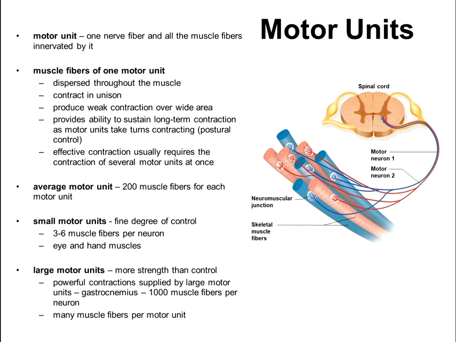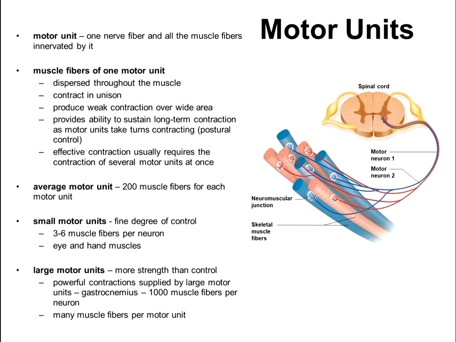In an average motor unit, there are 200 muscle fibers for each motor unit. Small motor units have a fine degree of control, and there are 3 to 6 muscle fibers per neuron. We find these in the eyes and the hands.